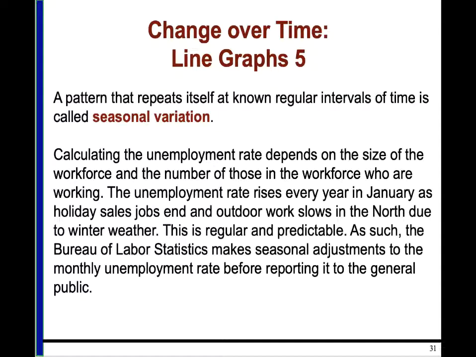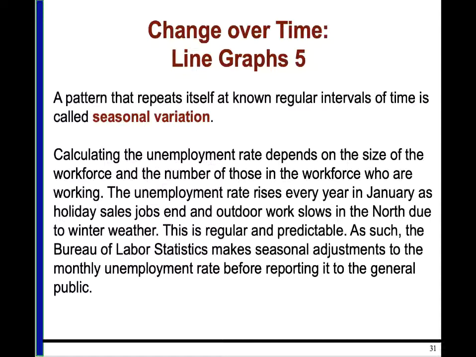The last thing that you should be aware of with line graphs is what's called seasonal variation. There are some jobs that increase in certain months and decrease in other months. For example, construction has busy times and not so busy times. Agriculture would have that same type. There are certain times that the workers are harvesting, and then there are other times where there's no work.